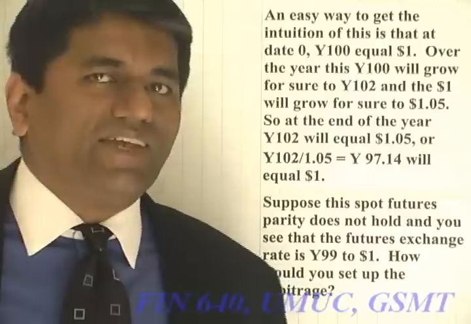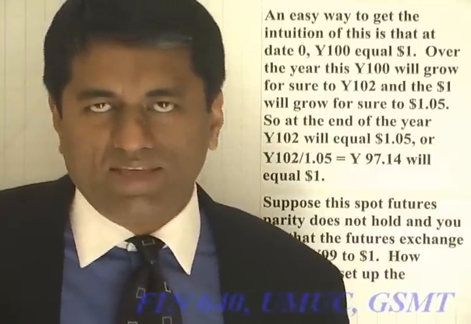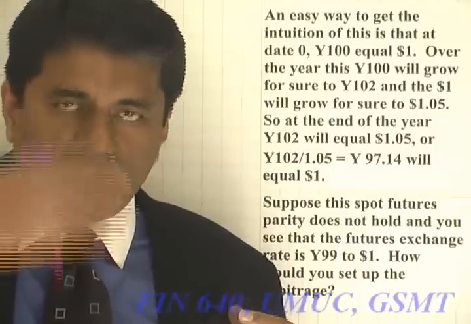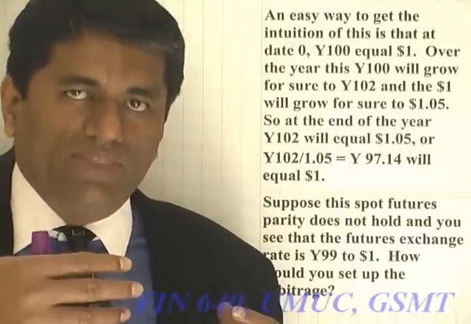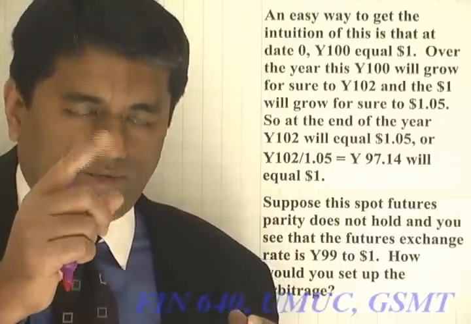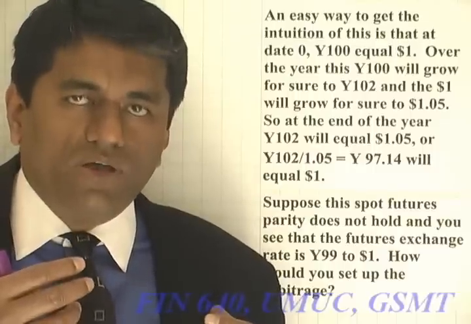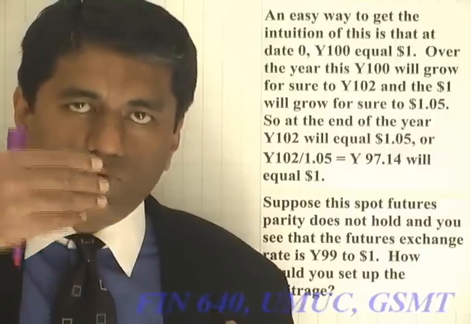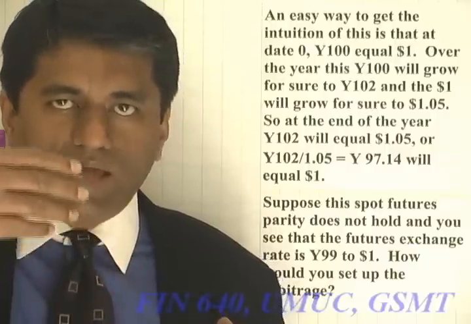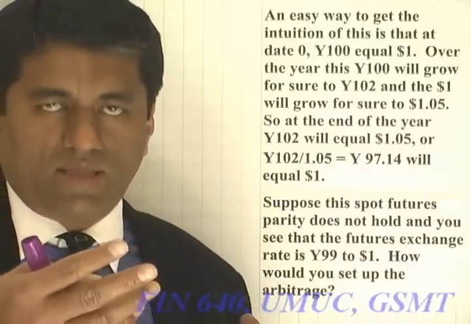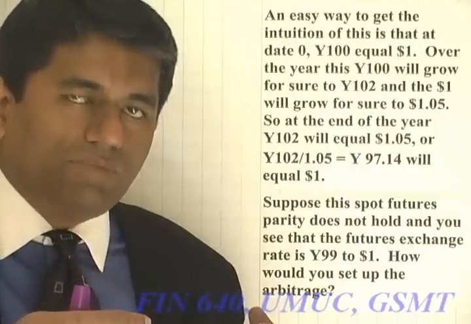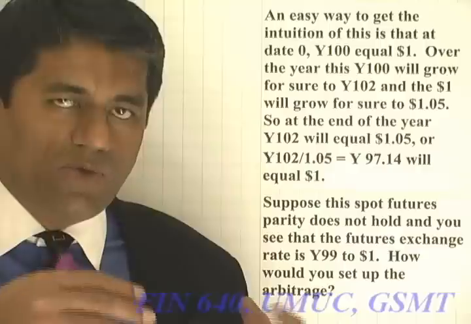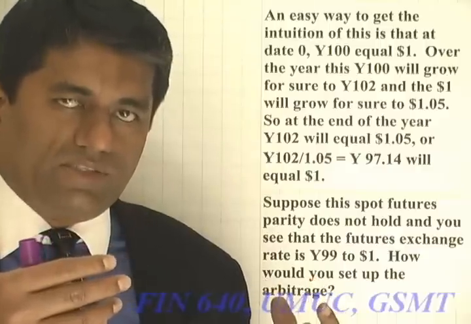Now, one way to get the intuition of what is happening here is that you think about it this way: today 100 yen equals $1. A year from now, that 100 yen, because of the 2% riskless rate, will become 102 yens. A dollar at the same time, because of the 5% US riskless rate, will become $1.05.